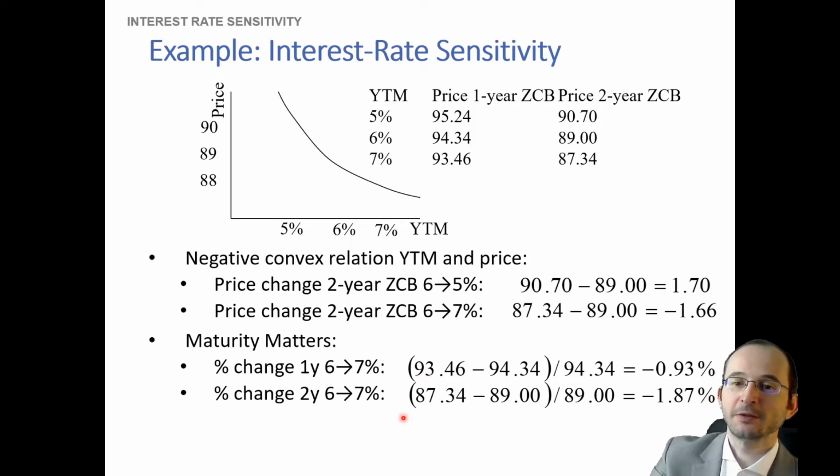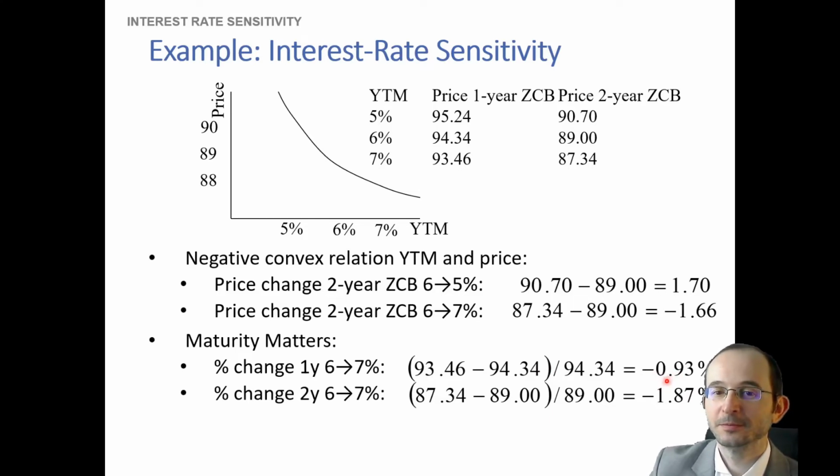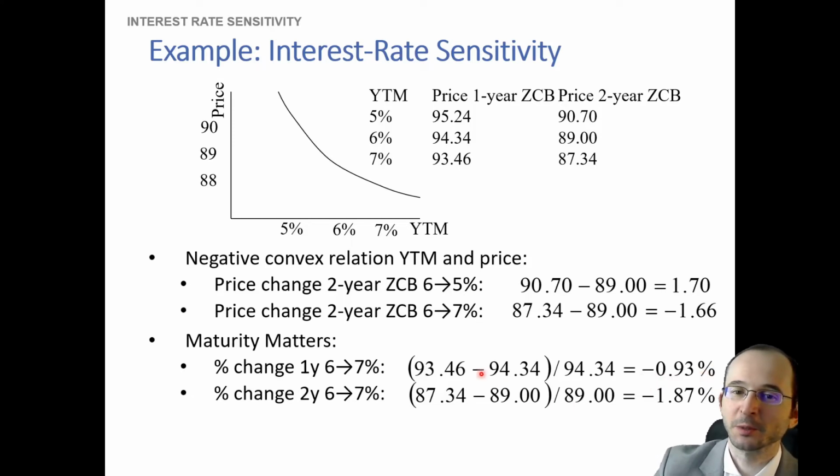And if we take the holding period return, that would actually result in a negative change of 0.93%. In other words, here's what the bond is now worth, here's what it used to be worth. The price changes 0.93% down.